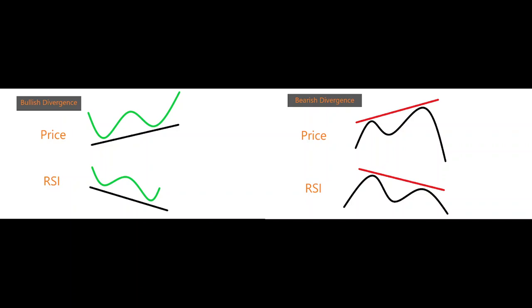Okay, on the one on the left, you can see the top is the price. Okay, so it dropped down, it made a new low, popped up a bit, dropped down, didn't go as far as the previous low, and then all of a sudden it went to the moon. Now, how do you tell that that's going to happen by looking at the RSI?